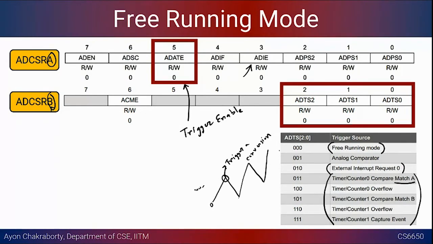Analog comparator is basically going to compare in the analog domain. So let's say you have the analog signal coming in, and then you want to compare it with whether it is greater than, let's say, 2.7 volts, right? And this can go to the analog comparator.